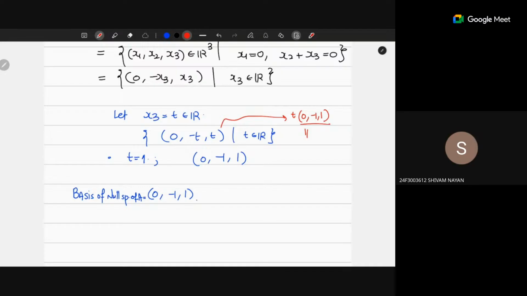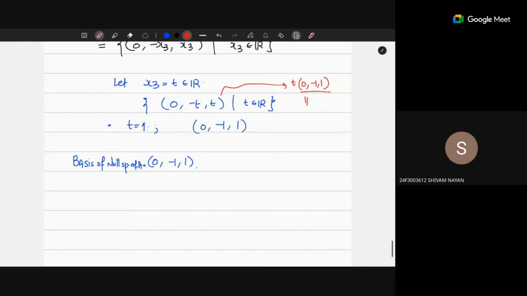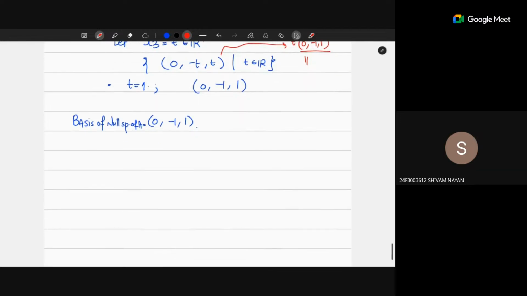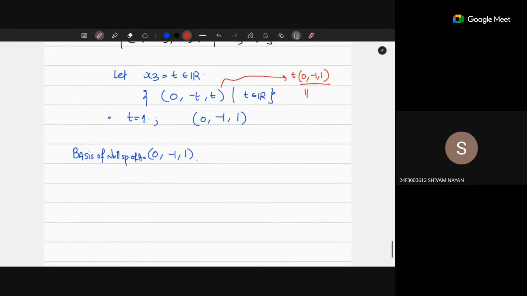So there is no problem with that. So, sir, any vector can be written as a scalar multiple of it? Not any vector. A vector from the null space can be written as a scalar multiple of it. Right?